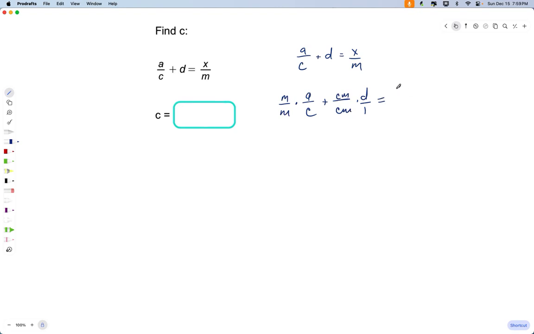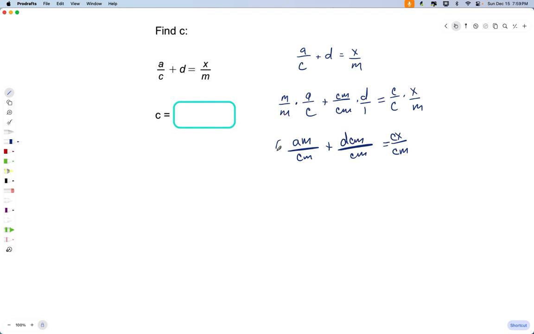So that gives me am over cm plus dcm over cm, and cx I should say, over cm. Multiply all of that by the cm.